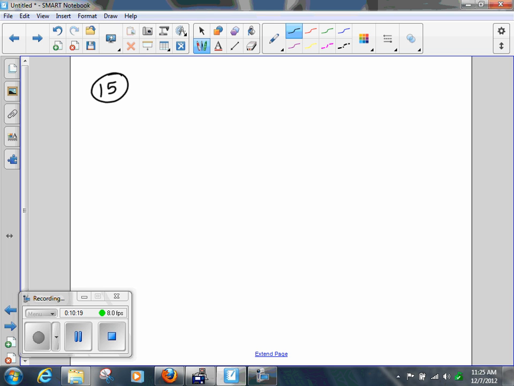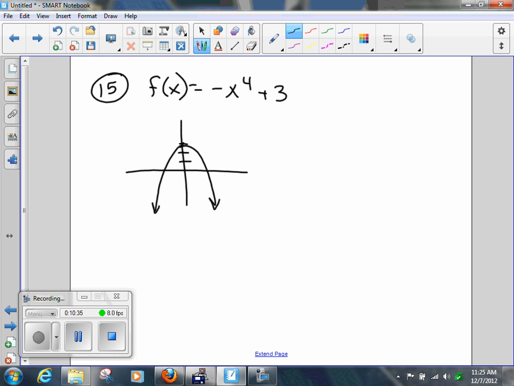Number 15. This is your function, and it's something like this, okay? It says, which is true of this function? You go through and look at option A, and it says it is constant. What does constant mean?